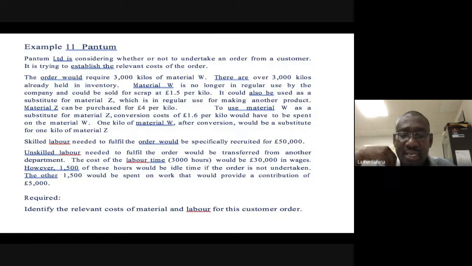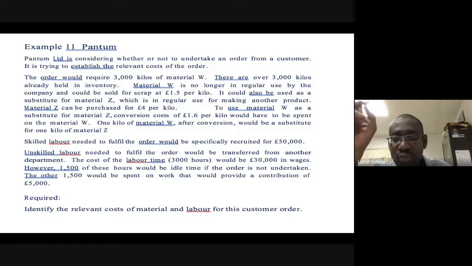Material Z can be purchased for £4. To substitute it, you need an extra cost of 1.6. So two options: one, it can be sold for scrap at 1.5; and two, it can be used as a substitute for material Z. If it's used as a substitute, it's going to be 4 less 1.6, so 2.4.